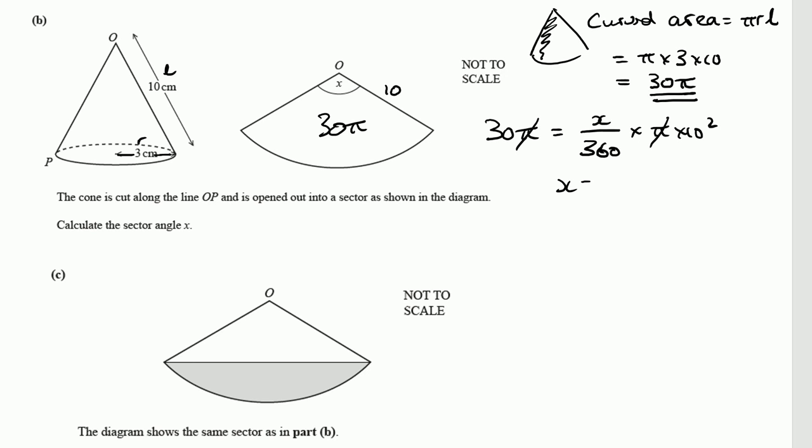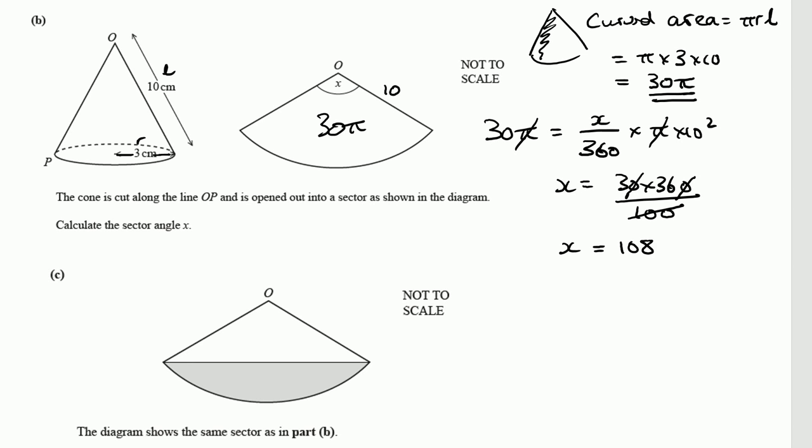So x equals 30 times 360 divided by 10 squared, which is 100. And I can work that out straight away. Just take note for a second, if I'm dividing by 100, that divides by 10 here and here, so all that goes away. I'm just doing 3 times 36, which is 108. So x is 108 degrees.